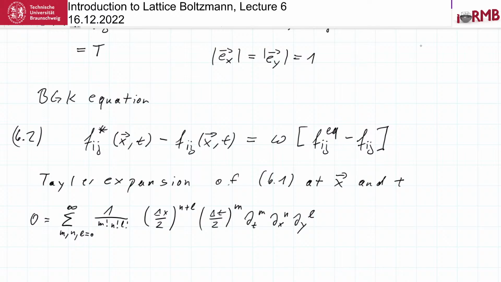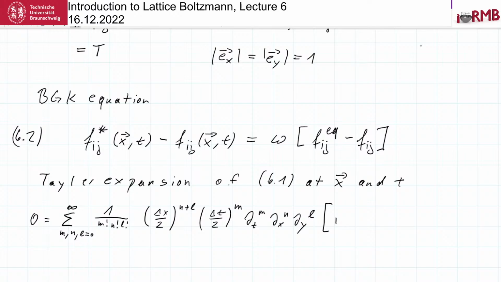Now, if you were careful and watching, you notice that I've been missing something, because we are actually not moving delta x, but we are moving i delta x or j delta x, right? This i and j I will take now to the f's, because for the f, the pre-collision state, we move in positive direction.